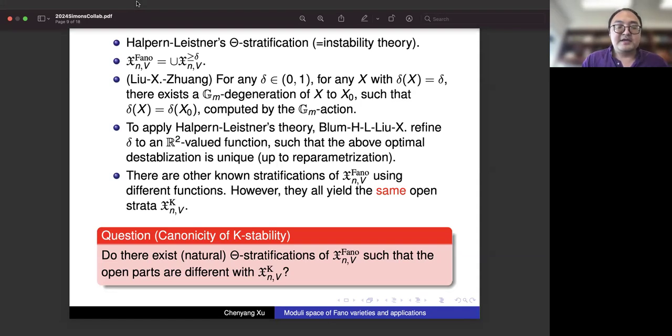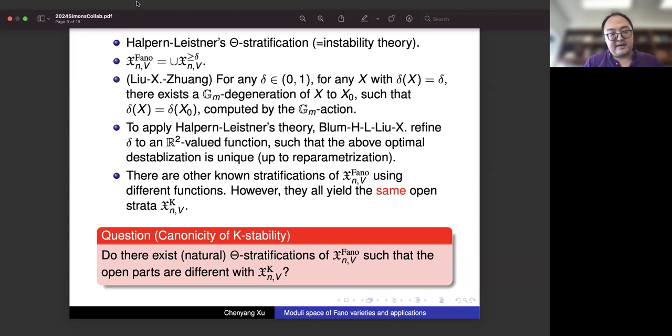To satisfy the theta stratification, one condition you need is that for any unstable object, there exists a G_m degeneration of X_0, such that the delta of X is the same as that of the central fiber of the G_m degeneration, a test configuration.